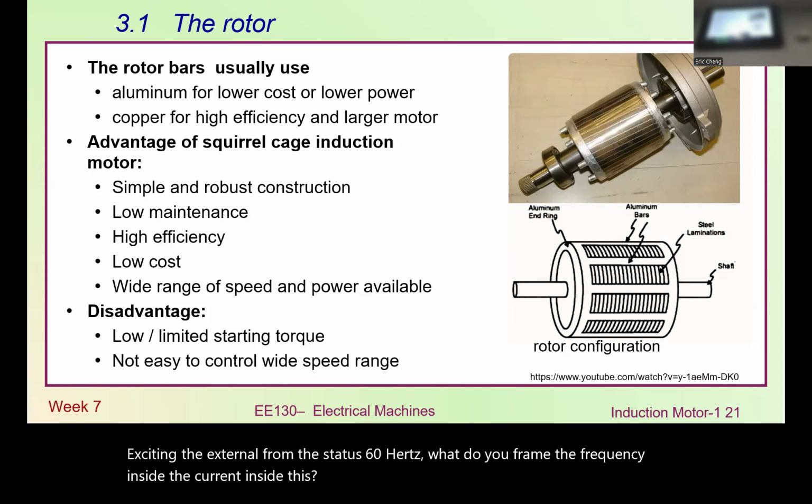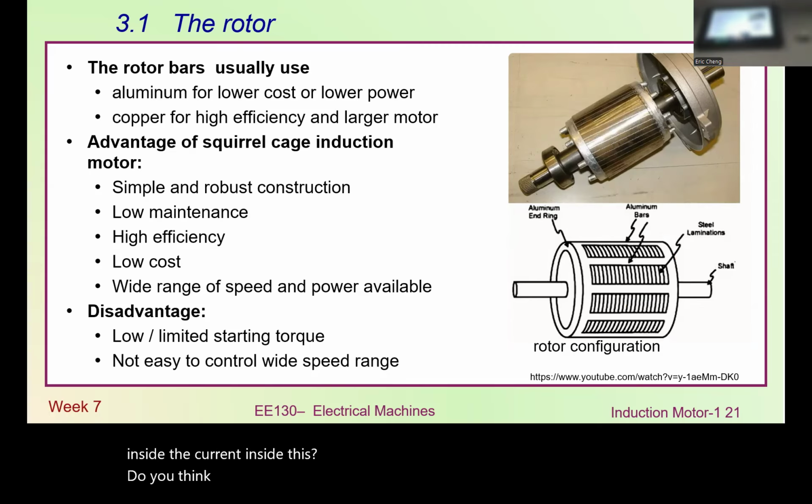Do you think it is 60 Hertz, 59 Hertz, 50 Hertz, 30 Hertz, 1 Hertz, 2 Hertz? What do you think? Any comment? 60? You think the rotor current inside will be 60 Hertz? Any other thinking? I'm sorry, say again? Less than. How much less than?